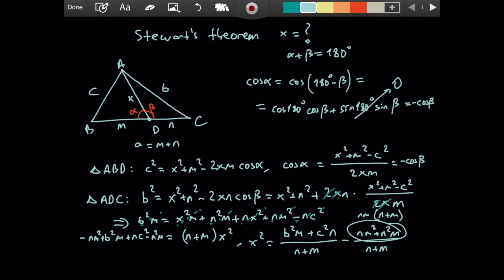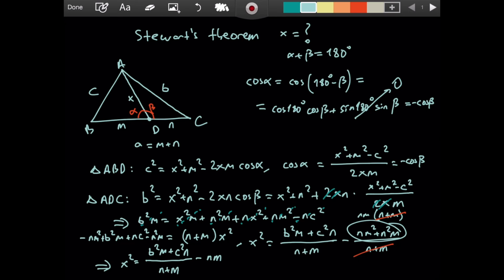Let's check whether that factorization is correct. If you multiply nm with n, you get n squared m. Then for the second one, nm times m, that is nm squared. So yes, this factorization is correct, which means that this n plus m and this n plus m simplify. So x squared turns out to be b squared m plus c squared n divided by n plus m, minus n times m.